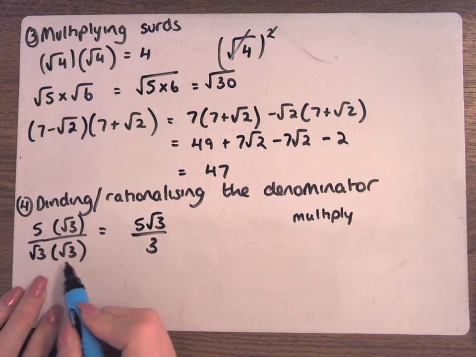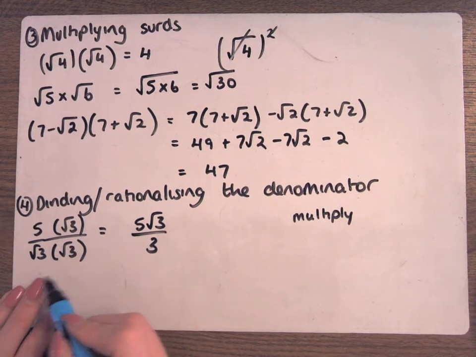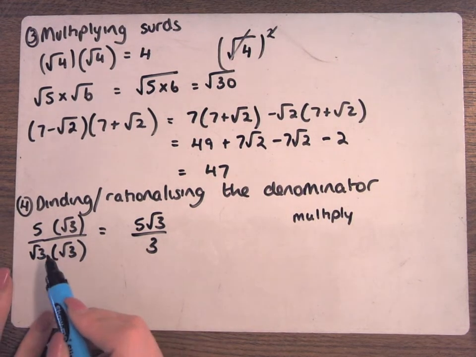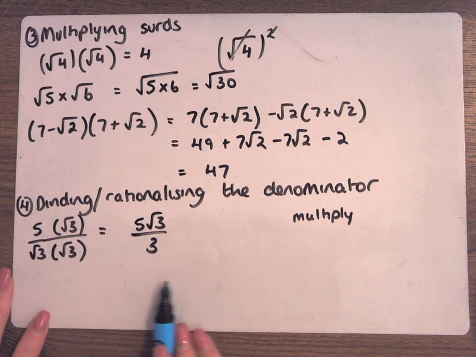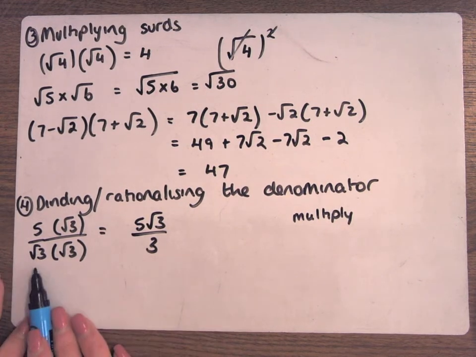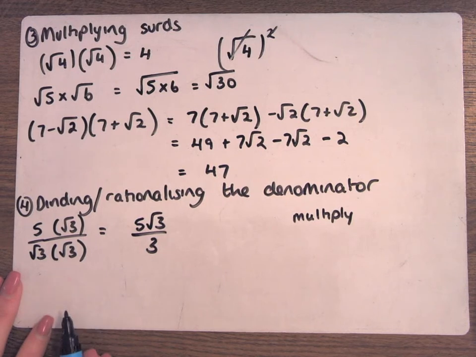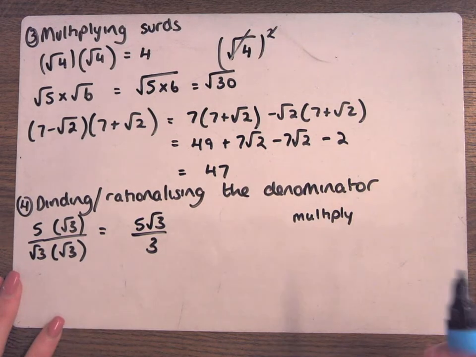So the square roots, it's not that they cancel now, it's just that square root 3 by square root 3 is square root 3 squared, and the square and the square root cancel. Okay? So you're trying to get a rational number on the bottom. So if you have a surd, just multiply the top and the bottom by the surd. Okay?